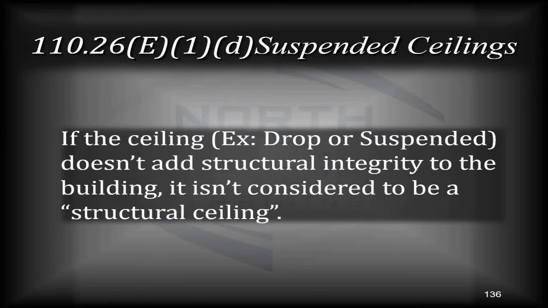It extends 6 feet above the equipment to the ceiling, or 6 feet, whichever comes first. So if the ceiling is at 10 feet above the equipment, you only have to go up 6 feet. But if the ceiling comes first, that's fine. But you can't consider the suspended or drop ceiling to be your structural ceiling to end that dedicated space. They can be in the 6-foot zone, but they can't be considered the top of the 6-foot zone.